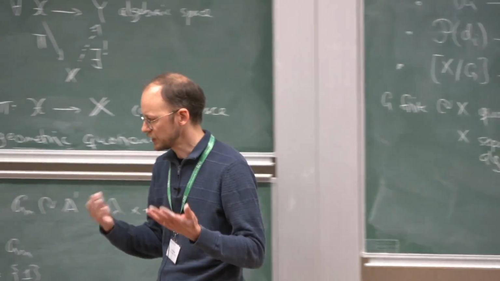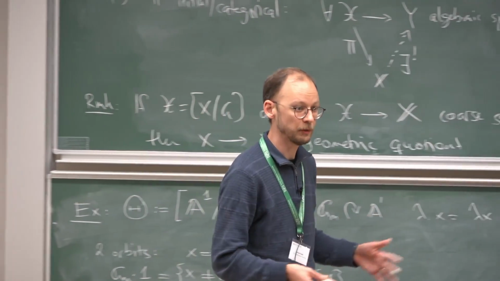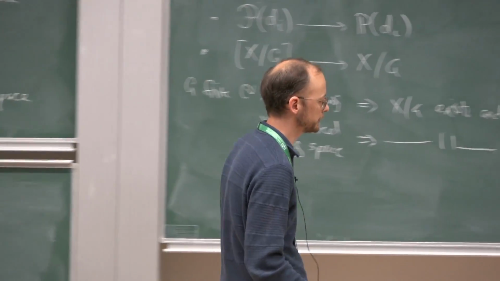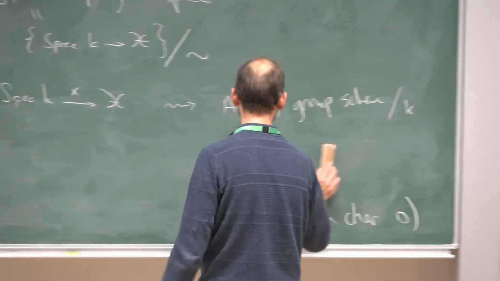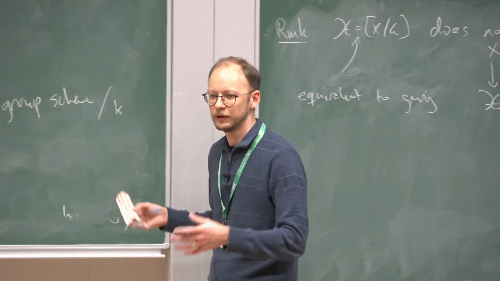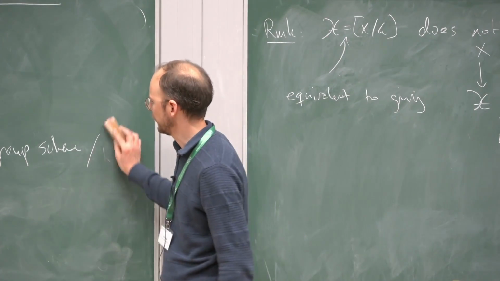So even just thinking about finite groups acting on smooth separated schemes, you still need algebraic spaces. But this also shows that algebraic spaces are big enough to contain most quotients of finite groups.